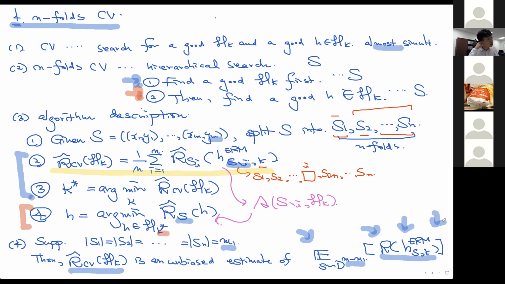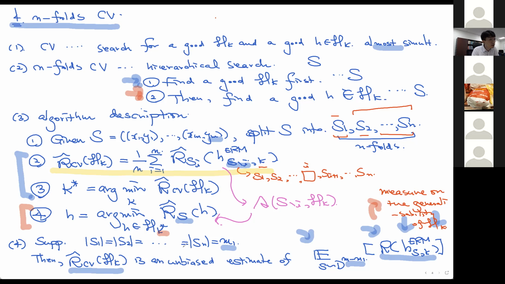And the quantity on the right-hand side can be understood as a measure of the generalizability of H_K.